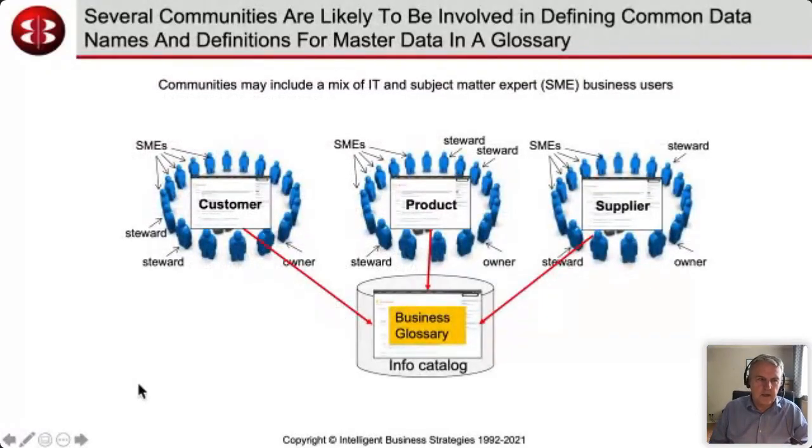And so getting multiple communities to be able to do this, to help you define your master data entities, is a key part of an overall MDM project, and very much also part of a data governance project. And so by default, if you like, master data management is pretty central to any data governance program.